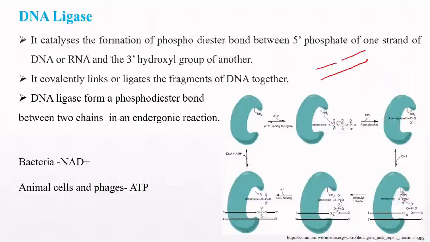A small breakage in the DNA causes a small nick, and these nicks are sealed or ligated by DNA ligase enzyme. So DNA ligase forms a phosphodiester bond between two chains of DNA, and it is an endergonic reaction.